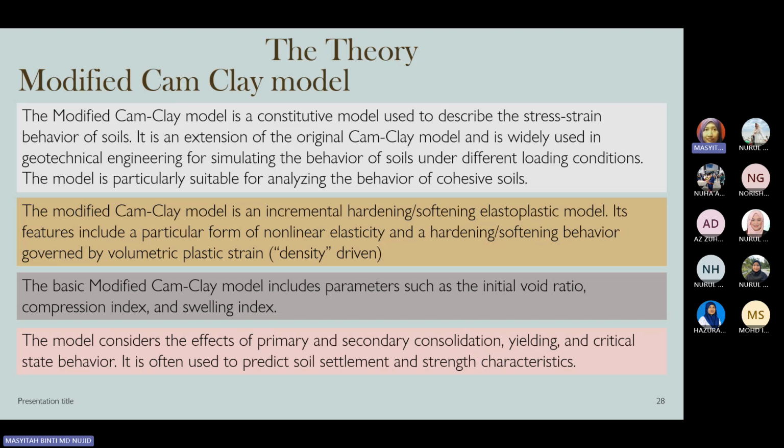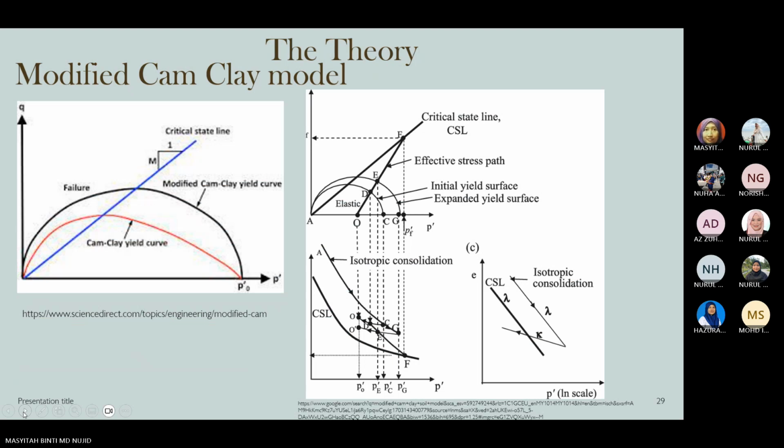For example, on the part of consolidation, there are a few types: immediate settlement, primary settlement, and finally secondary settlement. Every type of settlement is explained differently according to the soil strength and also the soil stiffness or elastic soil parameters.